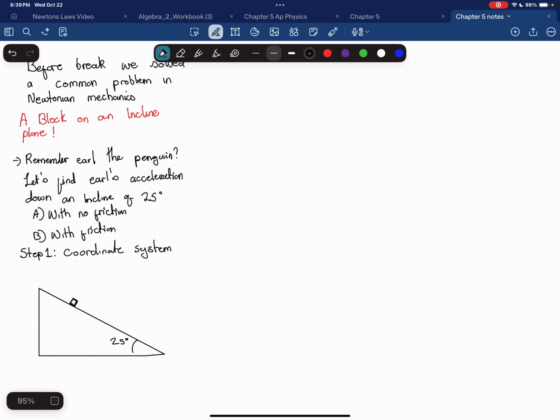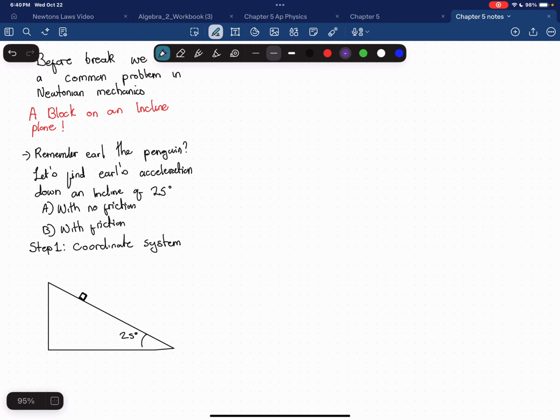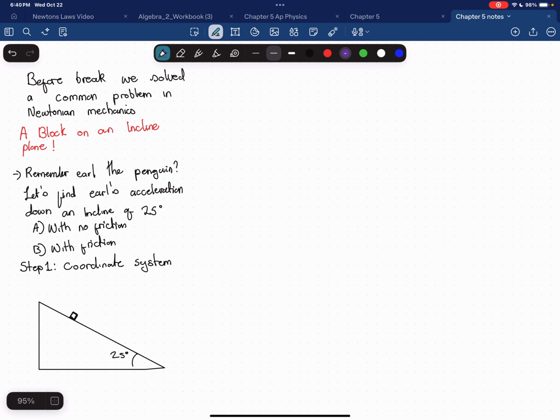Now, my coordinate system: because I'm on a slope, I can rotate my axis the same angle that it's away from the horizontal.